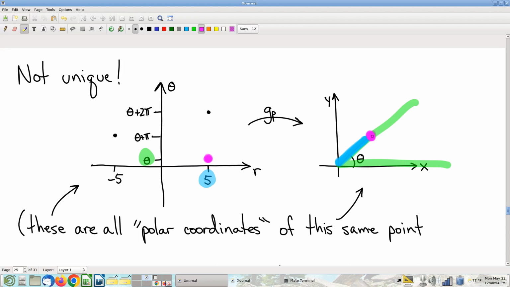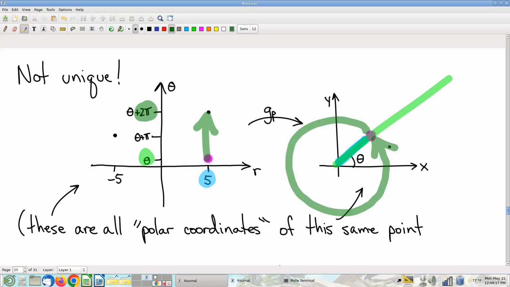Here's the thing. It seems silly, but you gotta give me that if I were to add 2 pi to the angle, 2 pi is just going to take that theta direction that we were just talking about. 2 pi will say, okay, well, yeah, but we're going to go around another full turn. And here's the thing. If you go around a full turn, you're back to pointing in the same direction you had been. So adding 2 pi to the polar angle kind of does nothing.